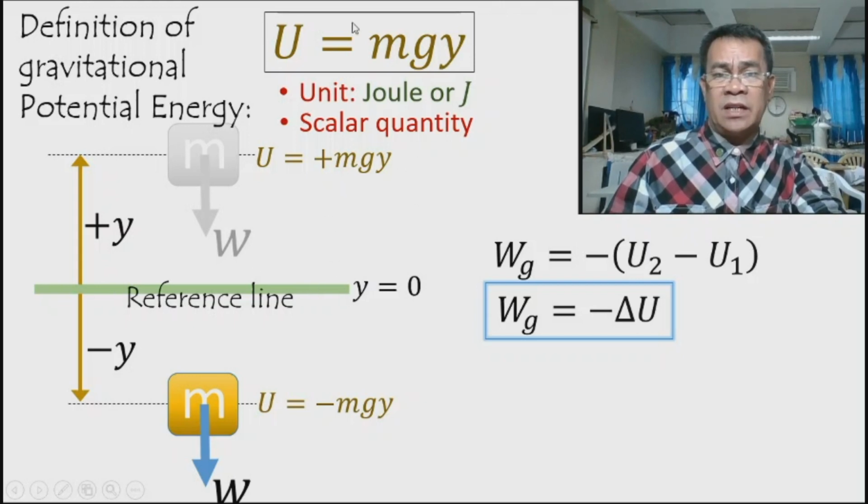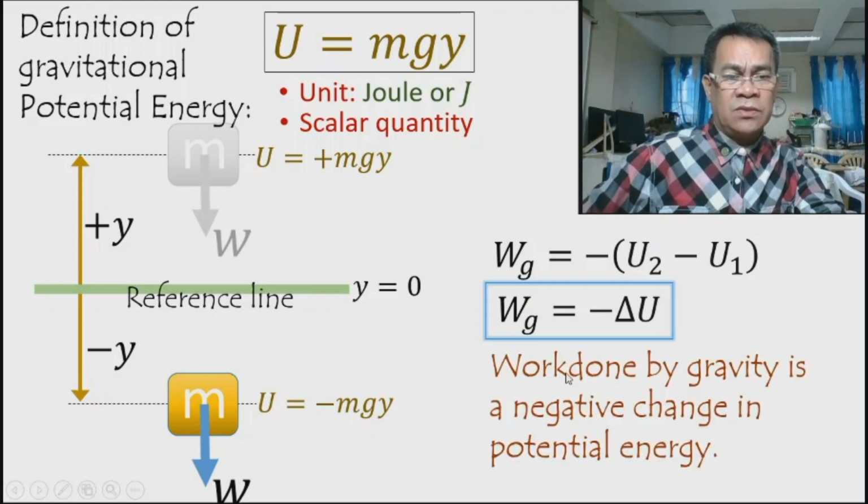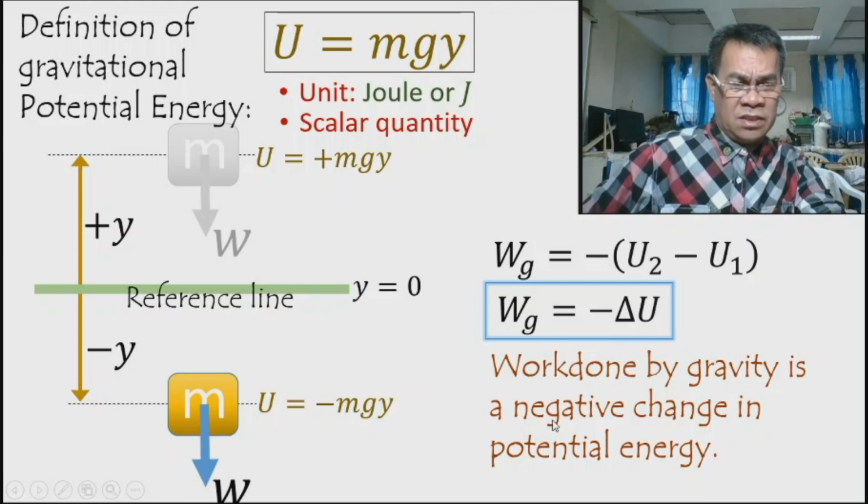Without the reference line, we cannot measure the gravitational potential energy. Okay, so work done by gravity is a negative change in potential energy. Okay, so this is for gravity.